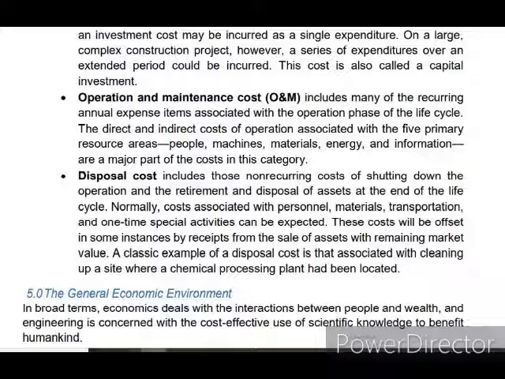The direct and indirect costs of operation associated with the five primary resource areas, the people, machines, materials, energy, and information, are a major part of the cost in this category, because all those resources have their operation and maintenance costs.